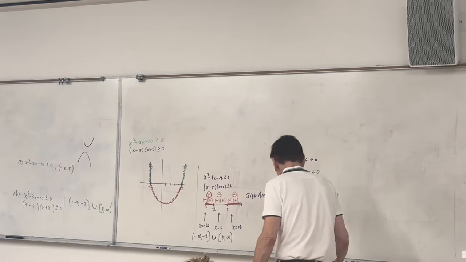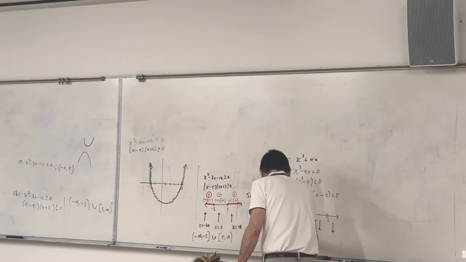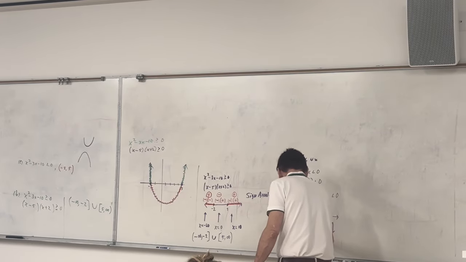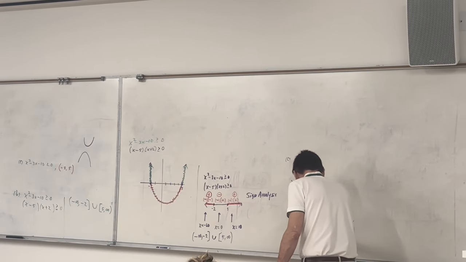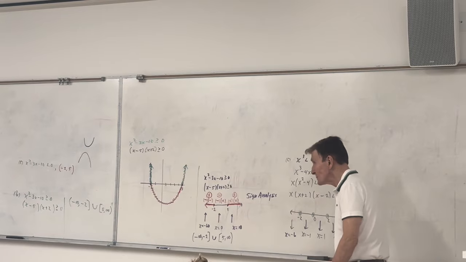Out to the left of -2, I'm going to try -6. Between -2 and 0, I'm going to try -1. Between 0 and 2, I'm going to try +1 to make it easy on myself. Out to the right of 2, let's try 15.